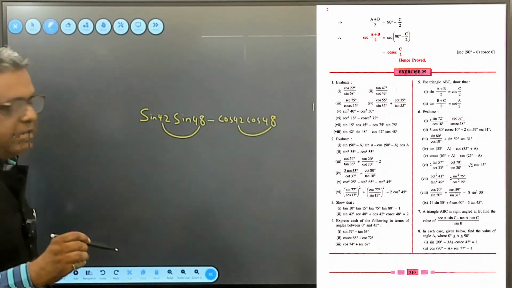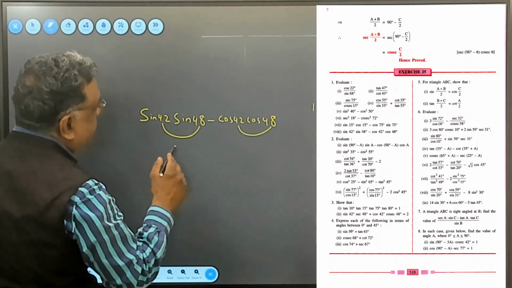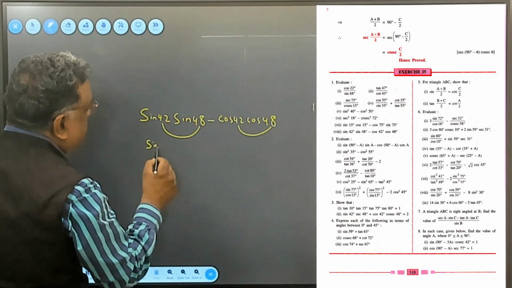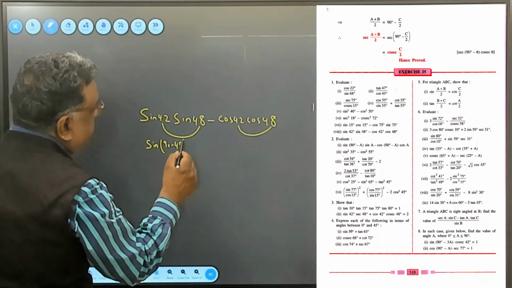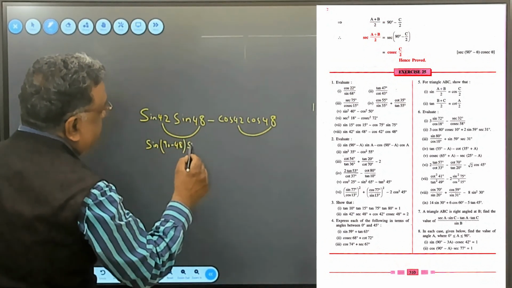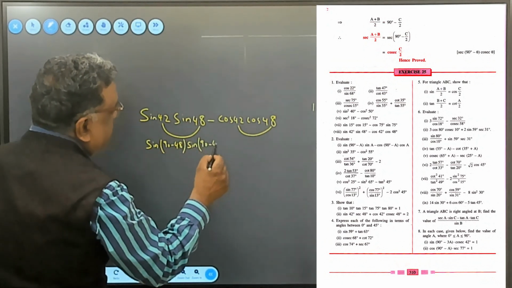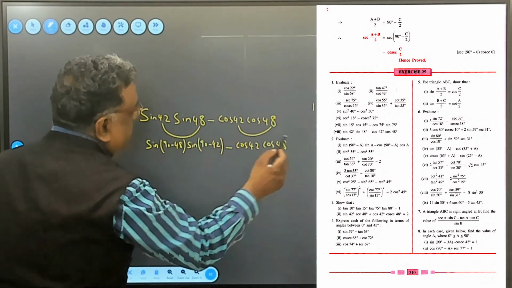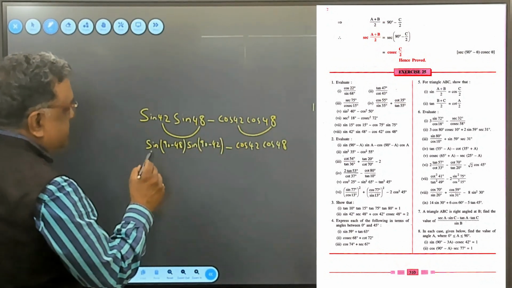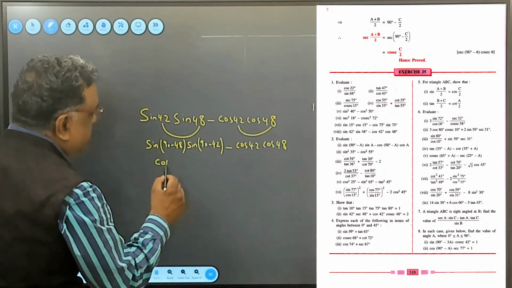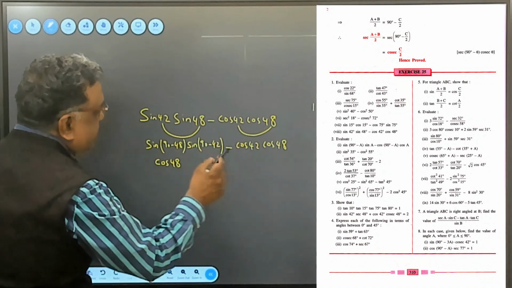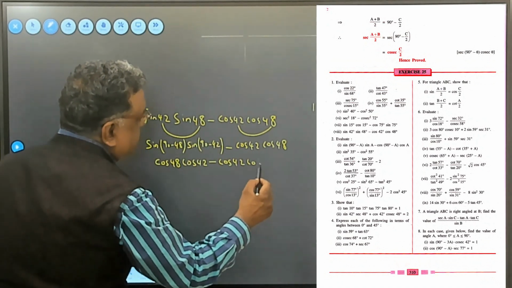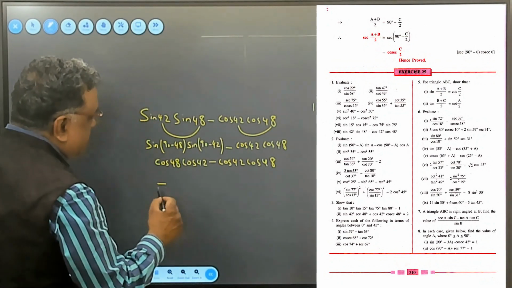So sine 42, I can write it as sine 90 minus 48, and sine 48, I can write it as sine 90 minus 42. Here I will convert them into cosines, and that I will keep it same. So sine 90 minus theta is cos theta, so that is cos 48. Sine 90 minus theta is cos theta, so this becomes cos 42. Cos 48 cos 42 upon cos 42 cos 48, so they will cancel each other out and become 1. Okay.